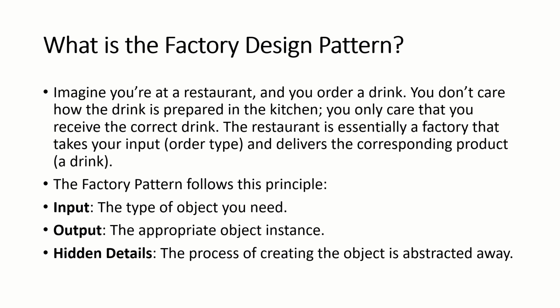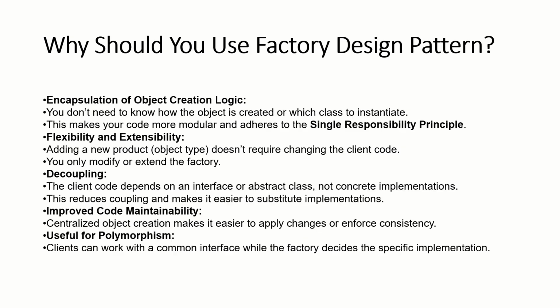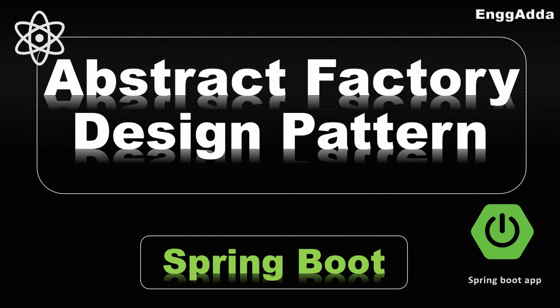They place an order, that order goes to the separate building, and that kitchen might call some third party, let's say Swiggy or Zomato, to prepare your order. So in the abstract factory, there is one more layer in between the object creation. That is what I wanted to explain. Let me go to the next slide to discuss the abstract factory.